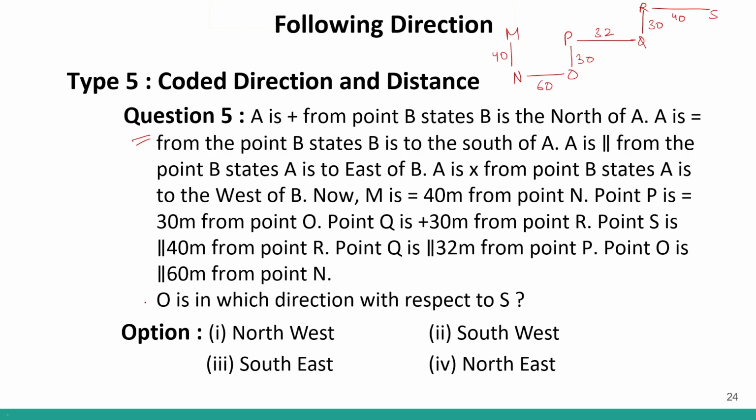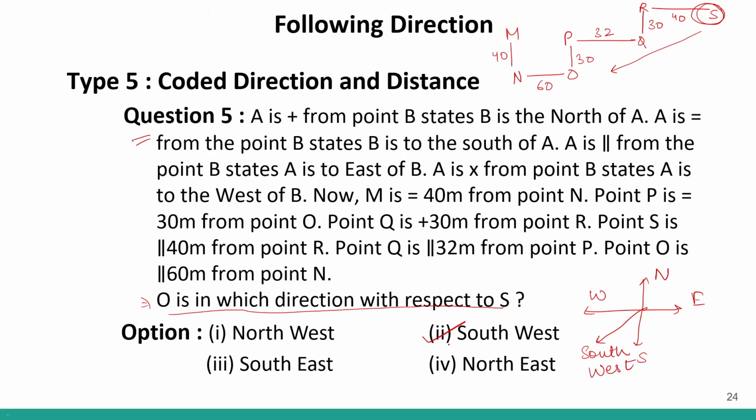Now, we have to find out O is in which direction with respect to S. So this is the direction of O. Let us draw the chart. This is north, this is south, this is west, and this is east. So this direction will be called what? It will be southwest. So our answer will be option number 2, southwest.